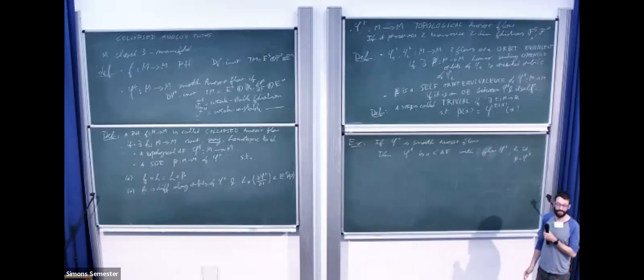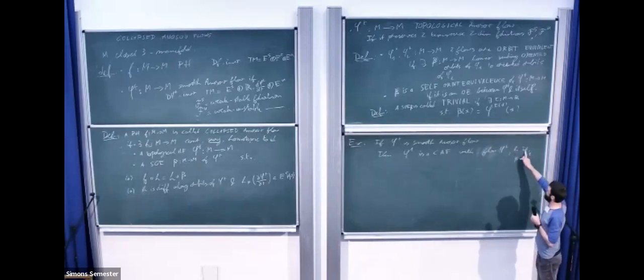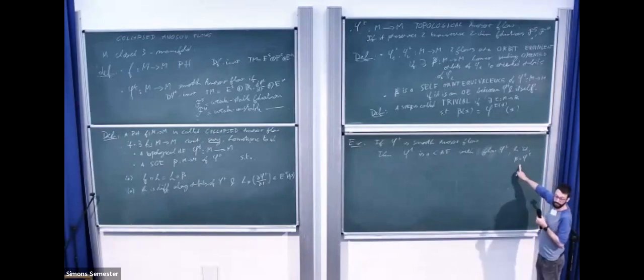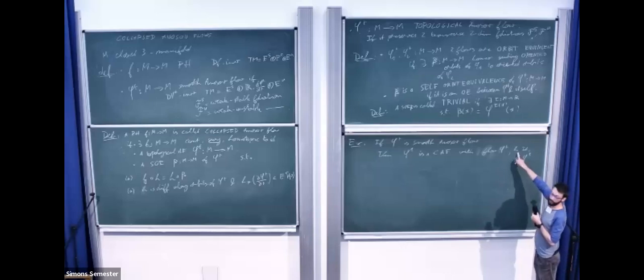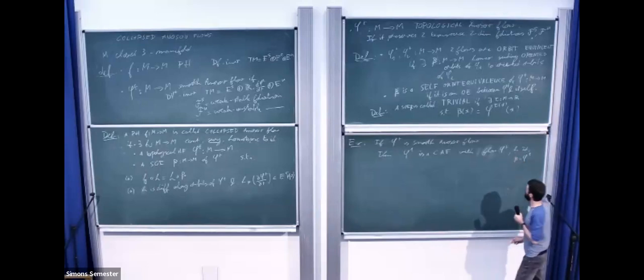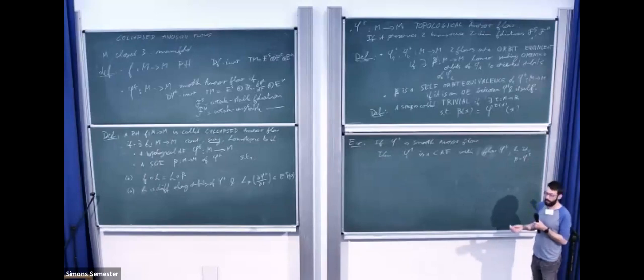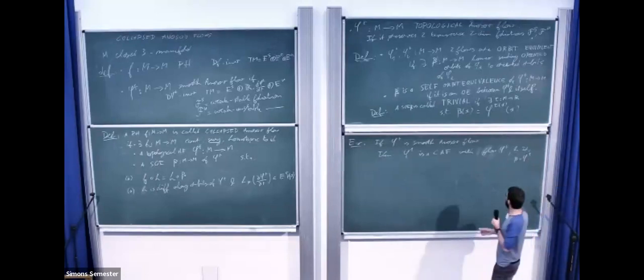Or if you prefer, I can have h the identity, whatever I want. Or if you prefer, I could take beta to be the identity and then change my h to be phi1, whatever it needs to be.